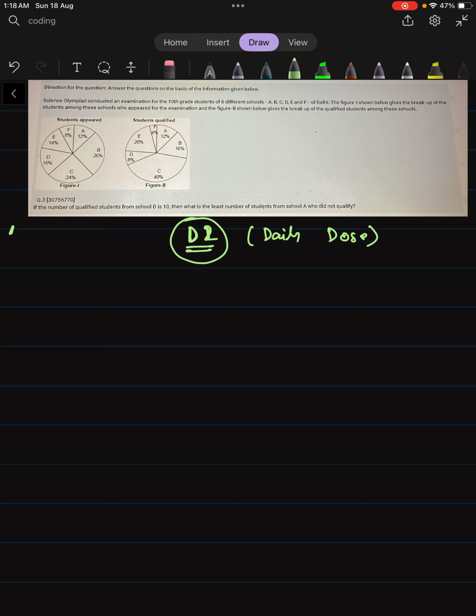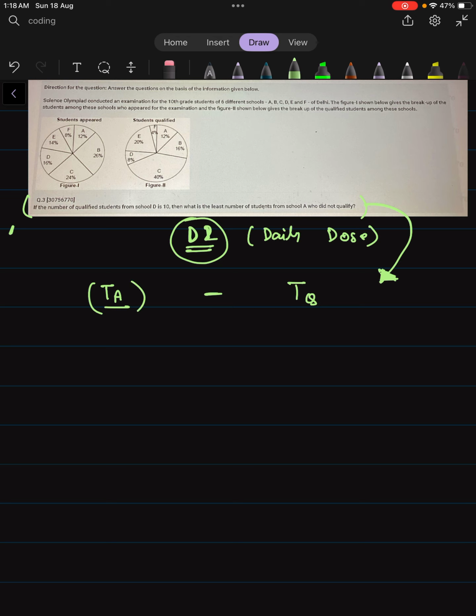If I talk about the total students appeared, let's assume that to be TA and total qualified students to be TQ. Now, in general, this is just one question, but specifically in such questions, our aim is to minimize this difference.